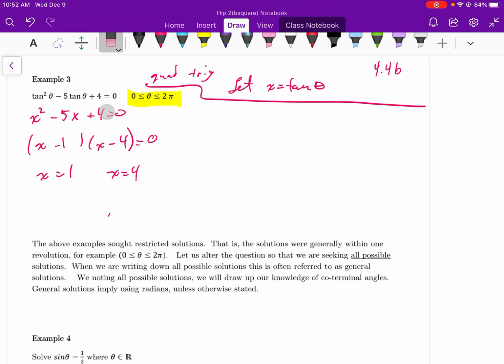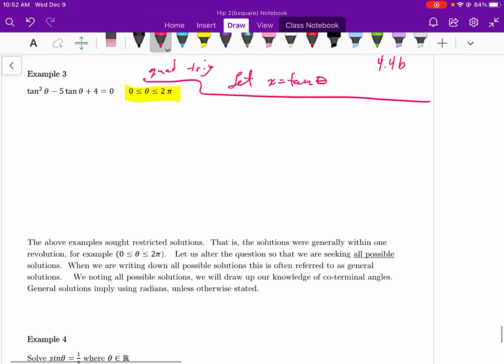But for some reason, I like to punish you guys. So I'm going to take a look at it maybe in a little bit different way. So what am I going to do? I'm just simply going to factor it. I notice that my coefficient in front of tan squared is 1. So I'm going to use the product sum property. So tan theta times tan theta, and I know that each bracket is going to have a binomial, and we have to identify what two numbers multiply to positive 4 but add to negative 5, and that would be negative 4 and 1.